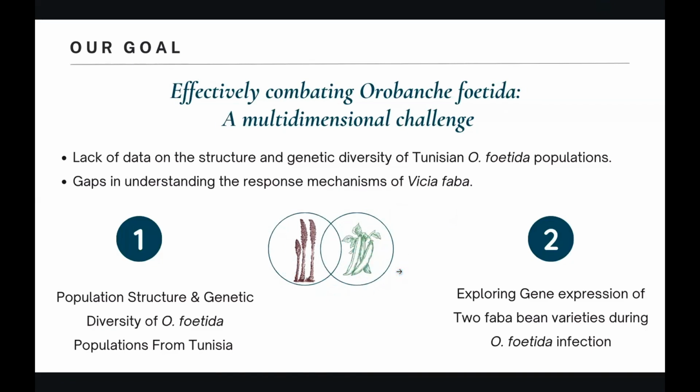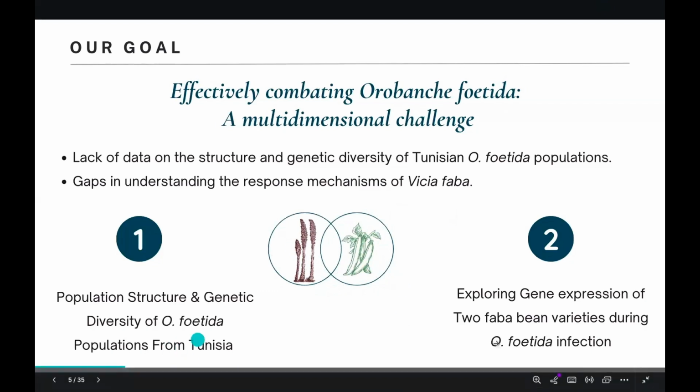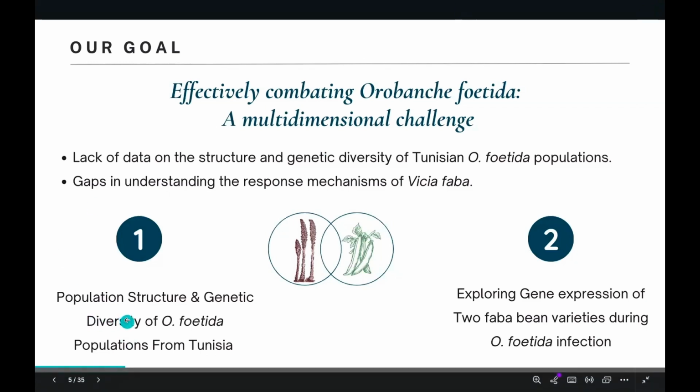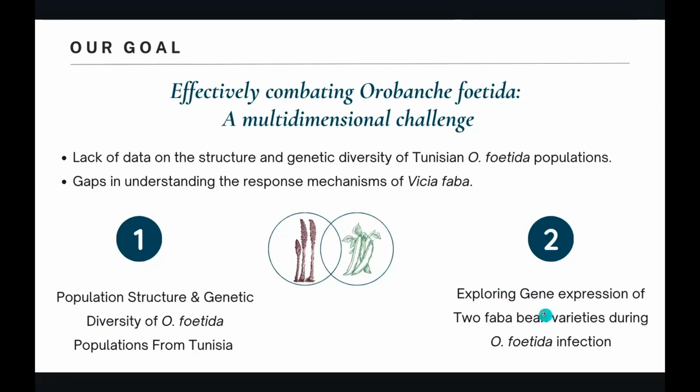Therefore, the objectives of my PhD project were divided into two main areas. The first was the study of population structure and genetic diversity of 18 populations of Orobanche foetida, collected from faba bean infested fields using ddRAD technology. The second part was about exploring the gene expression of two faba bean varieties, one resistant and one susceptible, during Orobanche foetida infection using RNA-seq technology.